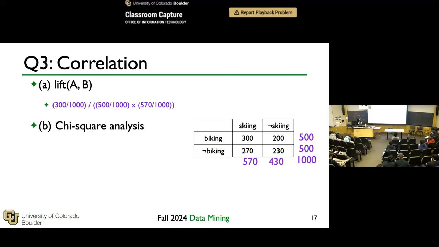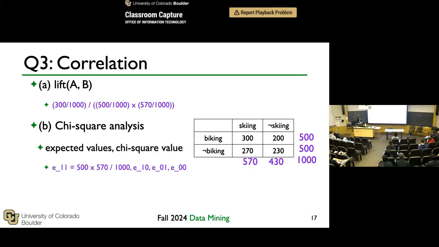Next one, chi-square analysis. Same thing, you have the formula. You just need to write out how you do the expected values and how you do the overall chi-square calculation. So make sure you fill all this in. I'm just using a simple notation here. This is the expected value for both being true, both showing up, so the biking and the skiing.